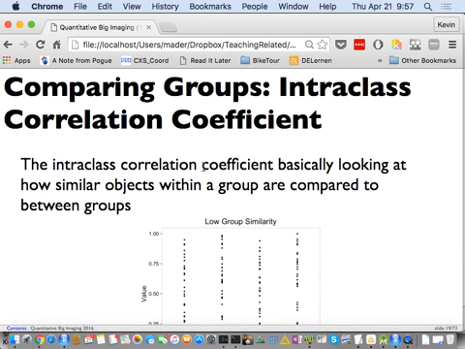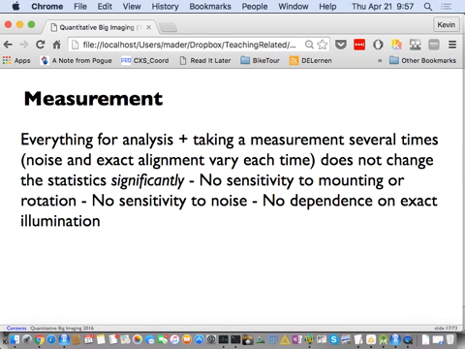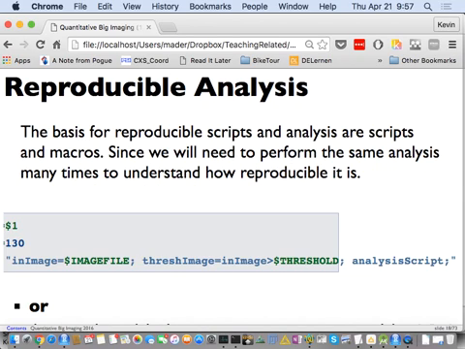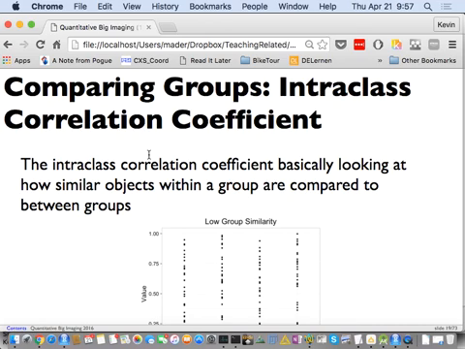Now, what we had here was this idea of measurement, and you want to make sure that there's no statistically significant change in the values that you get out when you do this analysis. One of the ways you can do this is a technique called the intraclass correlation coefficient.